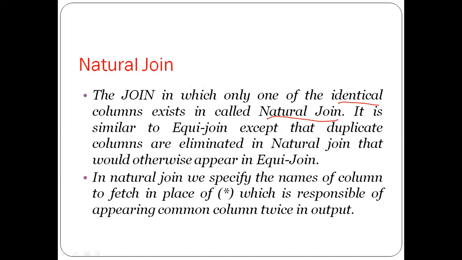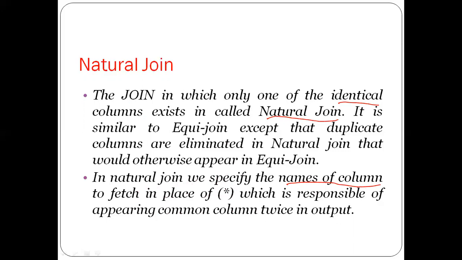In natural join we specify the name of the column. We have to specify the name of the column to fetch in place of the asterisk. In natural join you have to write the original column name instead of writing a star.